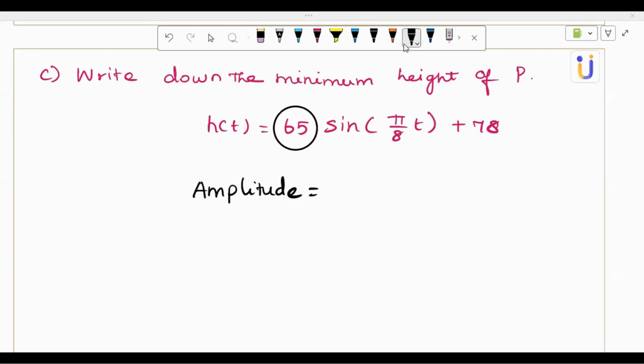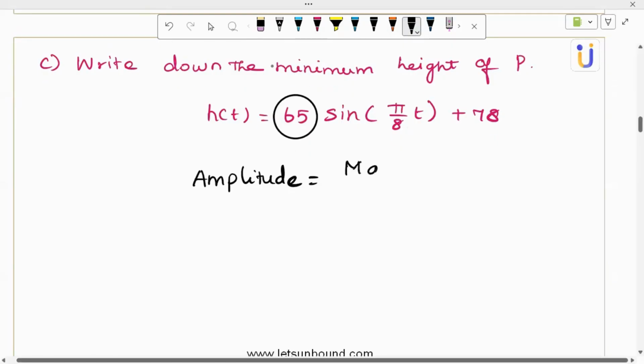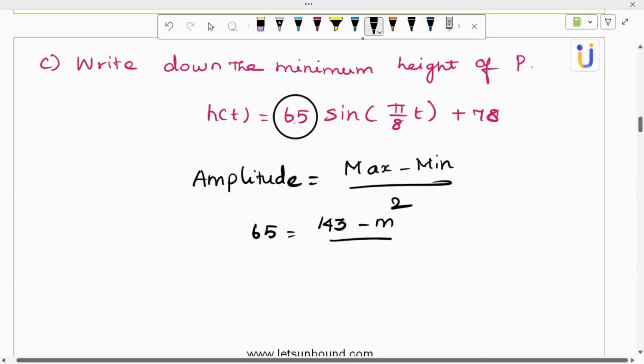So let's go ahead with that. I know amplitude is 65. I know maximum is 143 in the question. We are solving it, right? And minimum, I don't know. Let it be small m, by 2.